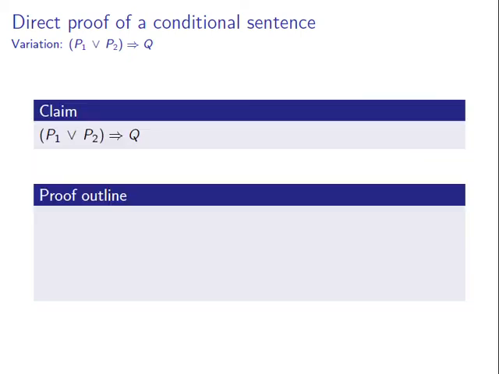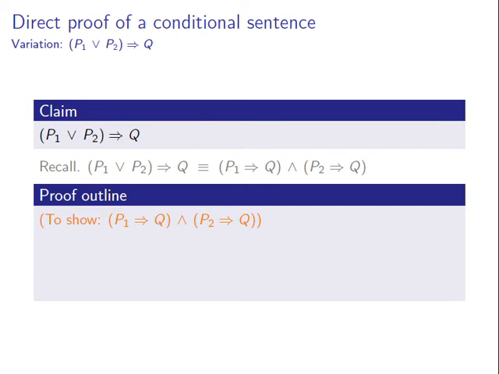Consider the case where the claim is a conditional sentence whose antecedent is a disjunction. Recall from a previous exercise that the propositional form, either P1 or P2 implies Q, is equivalent to both P1 implies Q and P2 implies Q. Hence, to show that either P1 or P2 implies Q, we need to prove the statements P1 implies Q and P2 implies Q. The assumption that P1 holds is called case 1, and the assumption that P2 holds is called case 2.